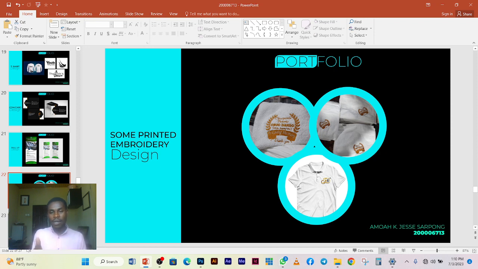We printed face towels and t-shirts. Yeah, so this was a 50th anniversary logo for a school, and this is also an in-loving-memory design for one Obu Danso. Yeah, so that was a design we also did for them as well.